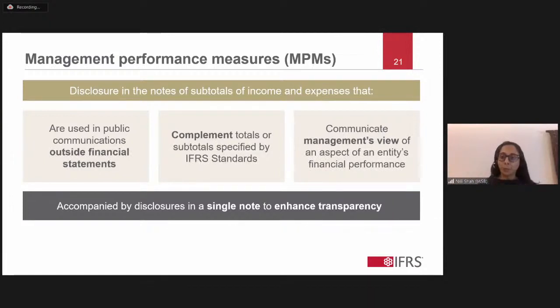And the reason the board is requiring this in the definition is that the board is looking for consistency in the story that management is telling outside the financial statements as well as inside the financial statements. It would be confusing if there were different measures outside than what's inside the financial statements. The stories may not be 100% the same.